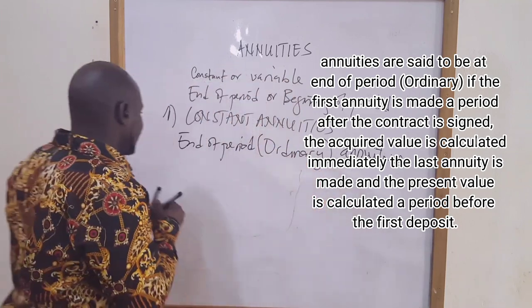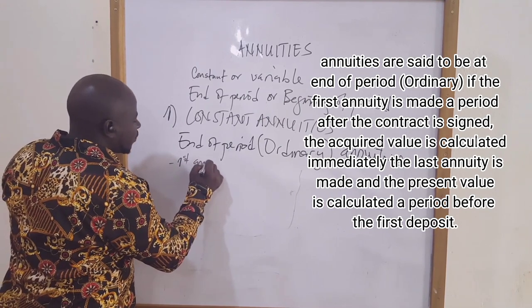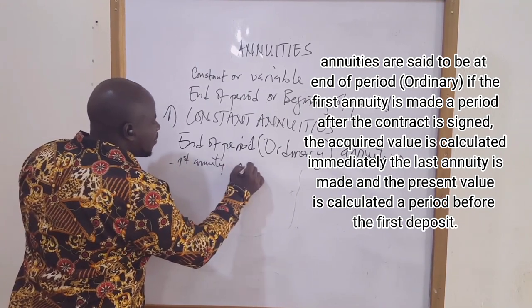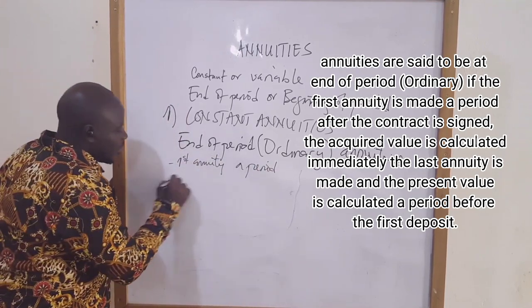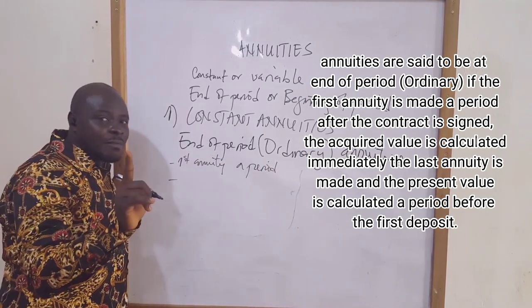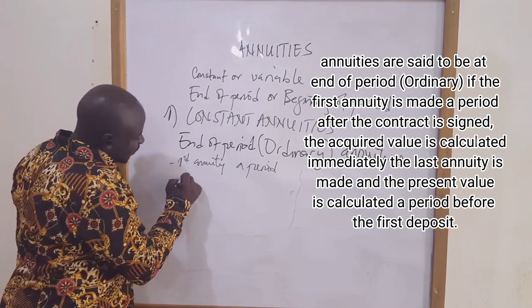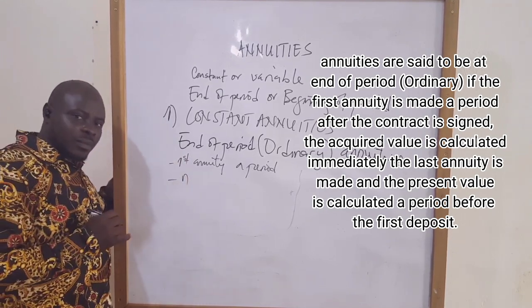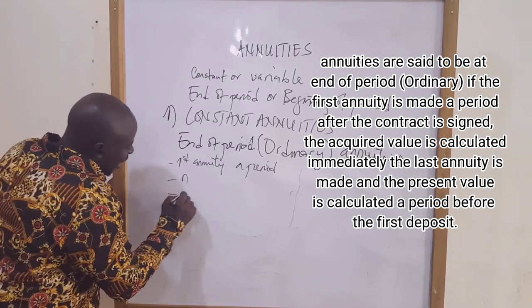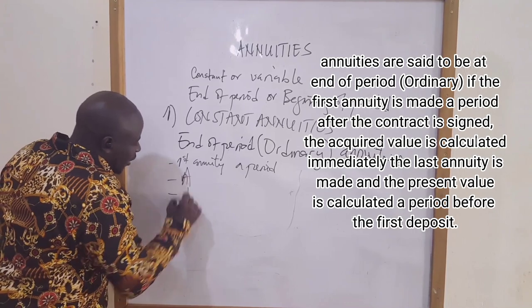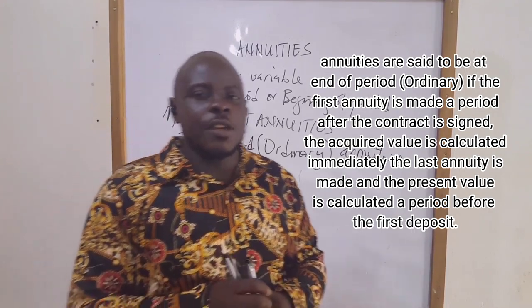Number two, the acquired value is calculated immediately the last deposit is made. That's at period end. And the third, the present value is calculated a period before the first deposit.